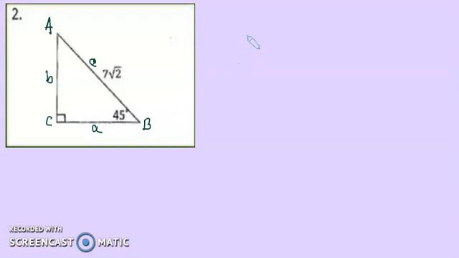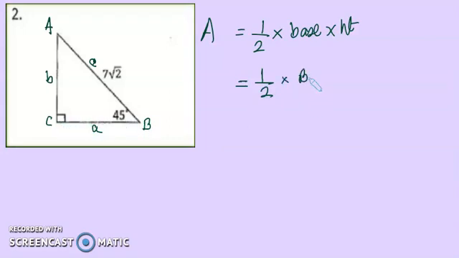So area of the triangle formula is half times base times height. So area is going to be half, and what is base here? Base here is BC. And what is height? Height is AC.